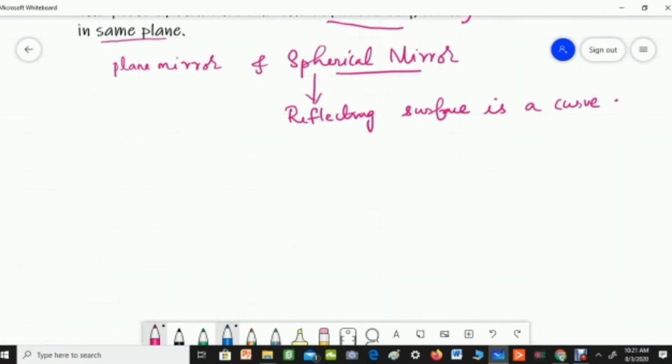Now consider this spoon. In this spoon, the inside portion is curved inward.